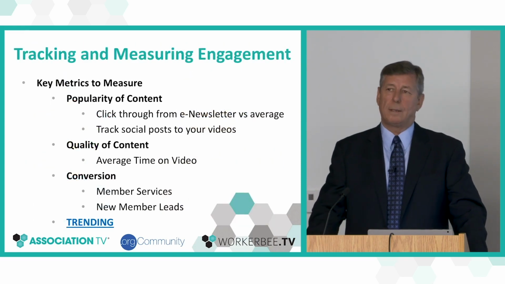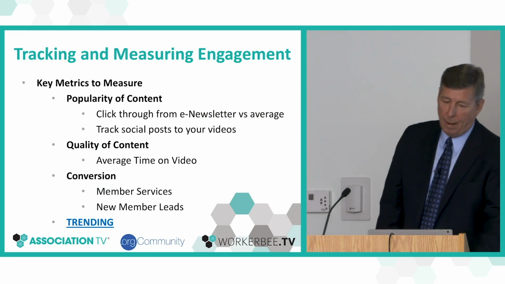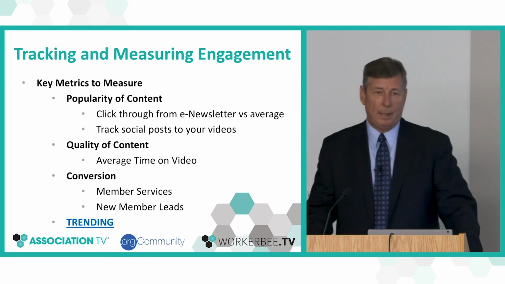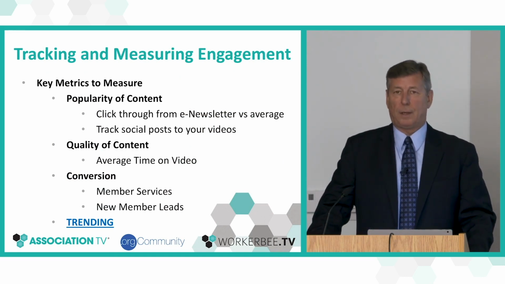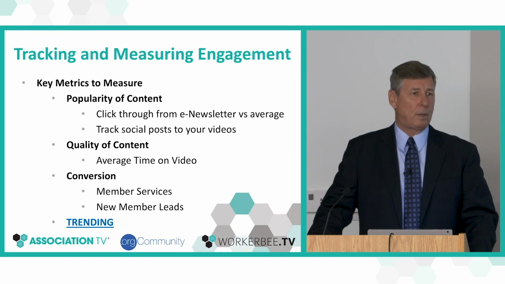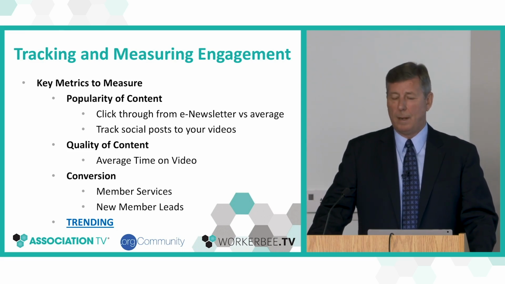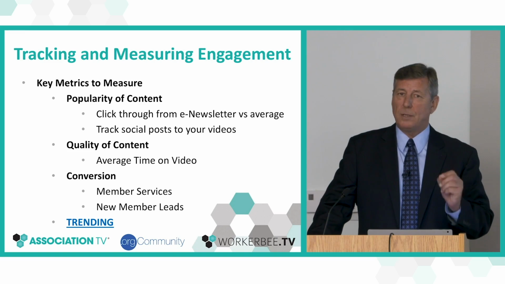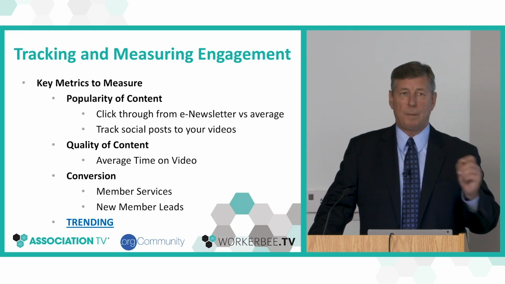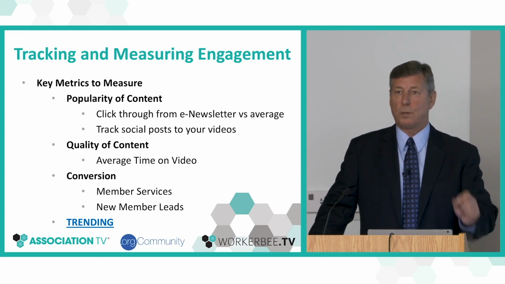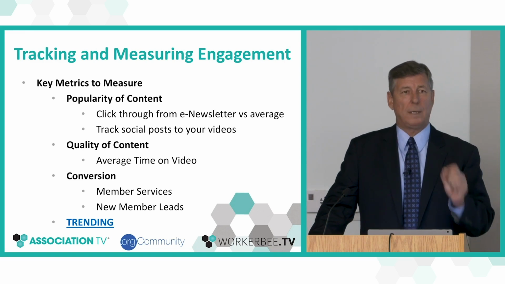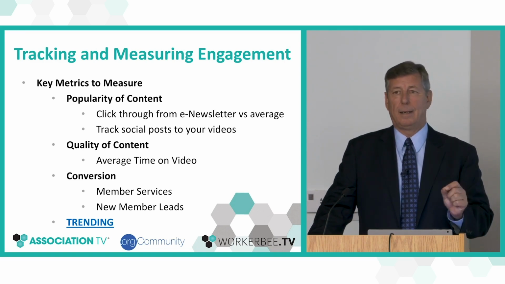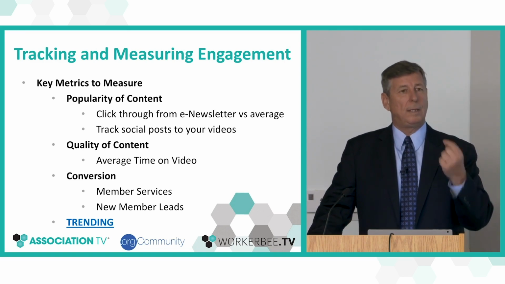So how do we track this? How do you measure it? Well, what I recommend is that you look at the popularity of the content. Well, how do I know what topics are popular and which ones aren't? Well, it's not really based on your viewership. It's actually based on your newsletter or your social media post. What caused them to click on those? What was in the title?